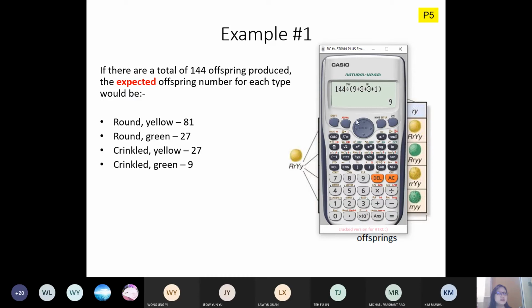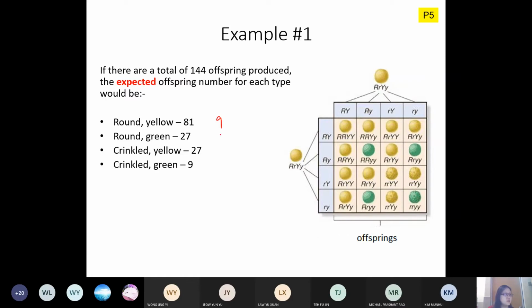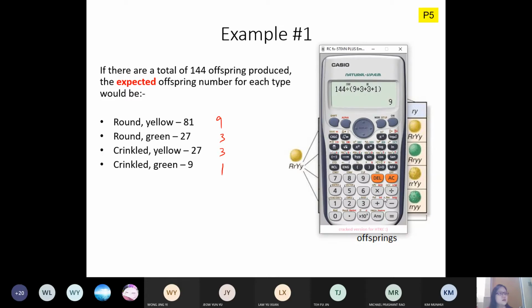So this is the 9:3:3:1 ratio. You can see that crinkled green is 1, supposed to be 1 ratio. So with 144 offspring, 1 part is 9, times 3 is 27, and 9 times 9 is 81. So this is following the 9:3:3:1 ratio.